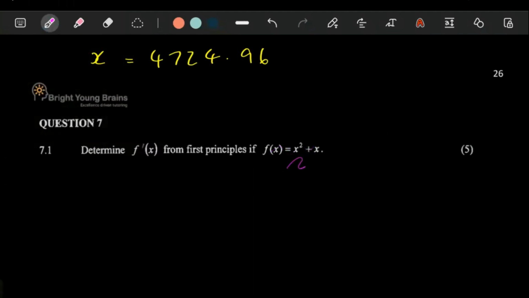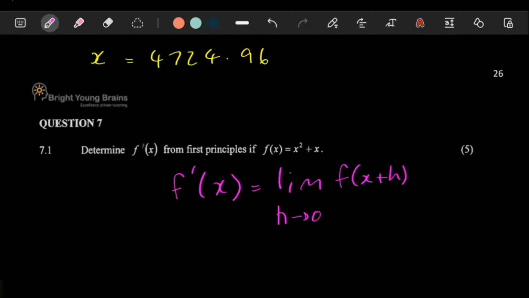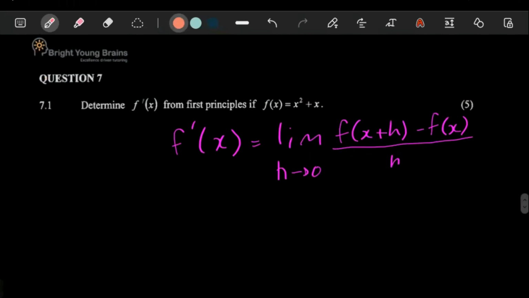If you're going to determine the first derivative from first principles, you just have to remember the formula. This is what the formula looks like: limit h goes to 0, f of x plus h minus f of x, over h. So what you want to do is get this value first.